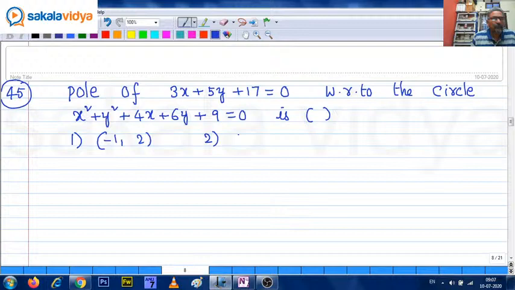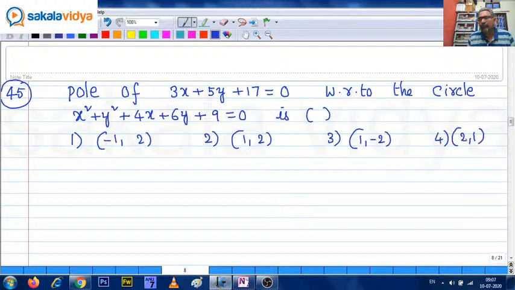Second option is (1, 2). Third option (1, -2). Fourth option (2, 1). Okay. Right.